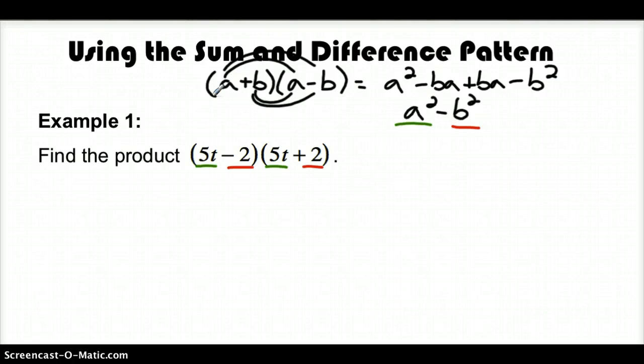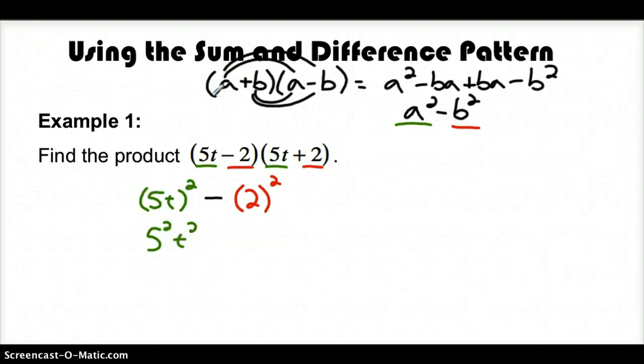If we take this a and square it and then subtract the b and square it, that's really our pattern. So I'm going to take 5t and square it, and then subtract our b term, which is 2, and square that as well. 5t squared is the same as 5 squared times t squared, and 2 squared is pretty self-explanatory, but for now I'll just write it as 2 squared.